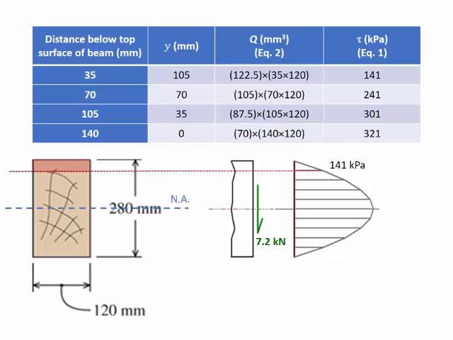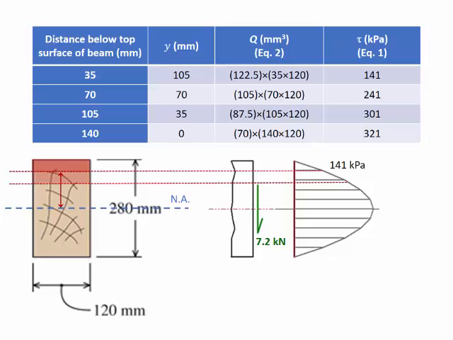So we go now to 70 millimeters below the surface, which is 70 millimeters from the neutral axis. So again, you see the area highlighted in red. So the area would be 70 times 120, and then we have to multiply with the distance of the centroid of that area to the neutral axis, which is 105.